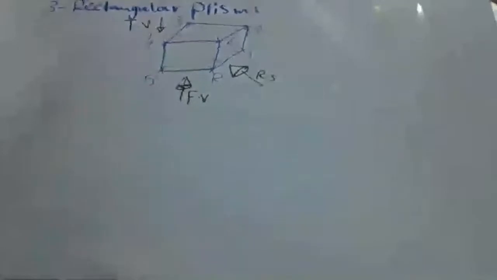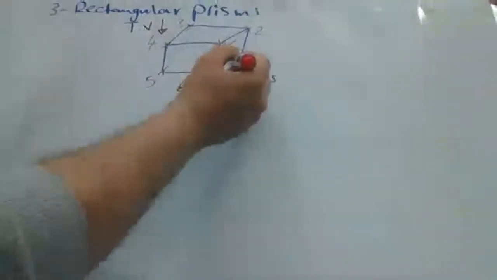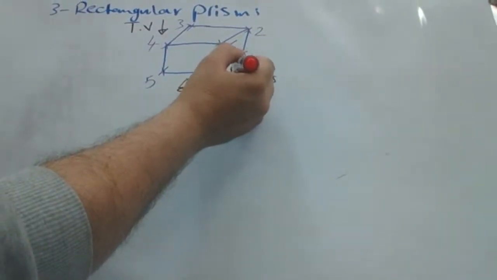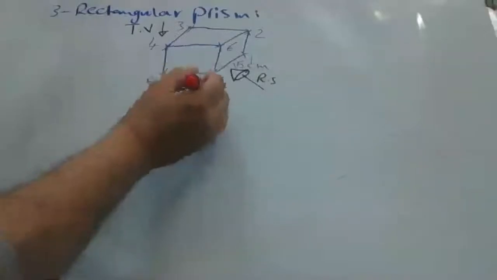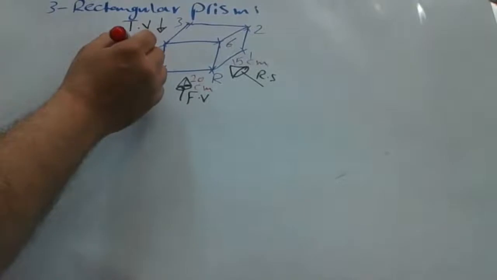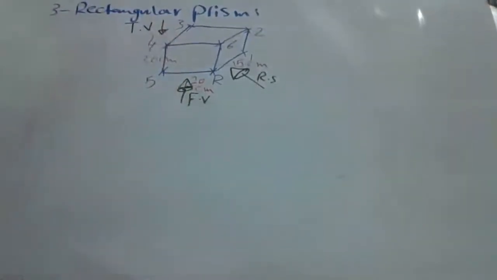Let us write here the dimensions. Assume that the length of the prism for the right side is about 15 centimeter. Assume 20 centimeter, and assume 30 centimeter for the height.